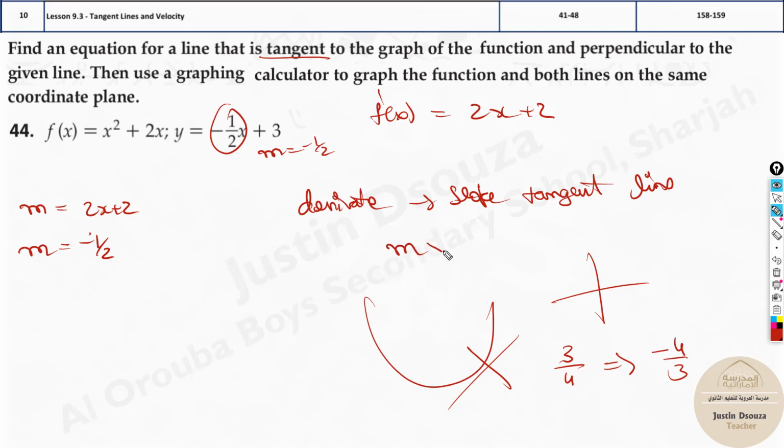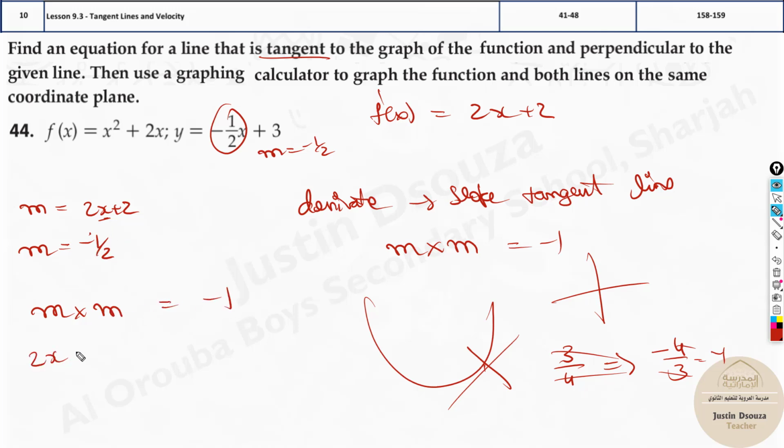If you multiply the slopes of perpendicular lines, you must get -1. So if you multiply this as well, you'll get -1, right? This is another rule. So now I can easily find out the x value. See, because this is in terms of x, right? The x value of the tangent line, where it falls. So I will now show it. Basically what I do is I say m times m must be equal to -1, isn't it?